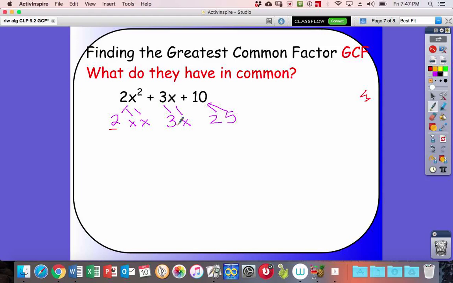Yep. Do you have an x? No, I don't have an x. There is no greatest common factor here. There's nothing that all three have in common.